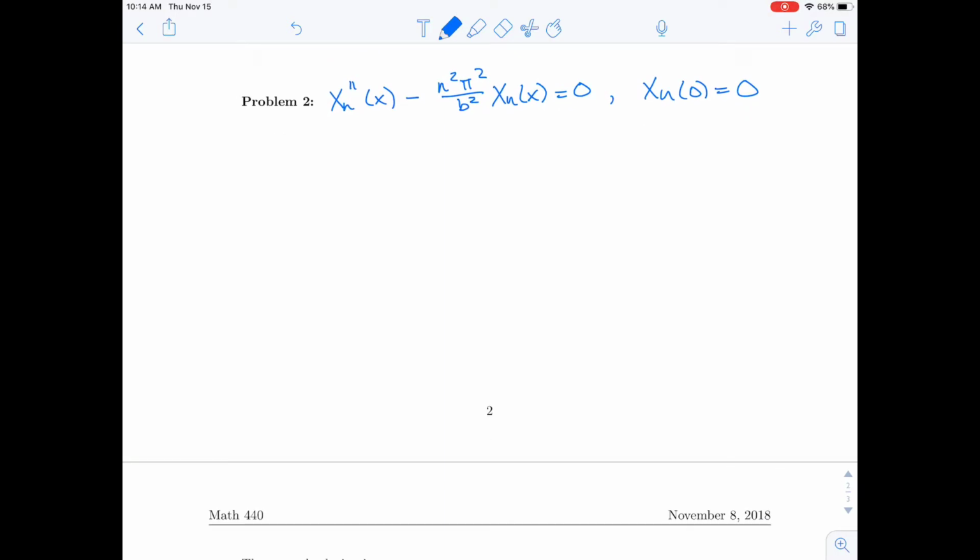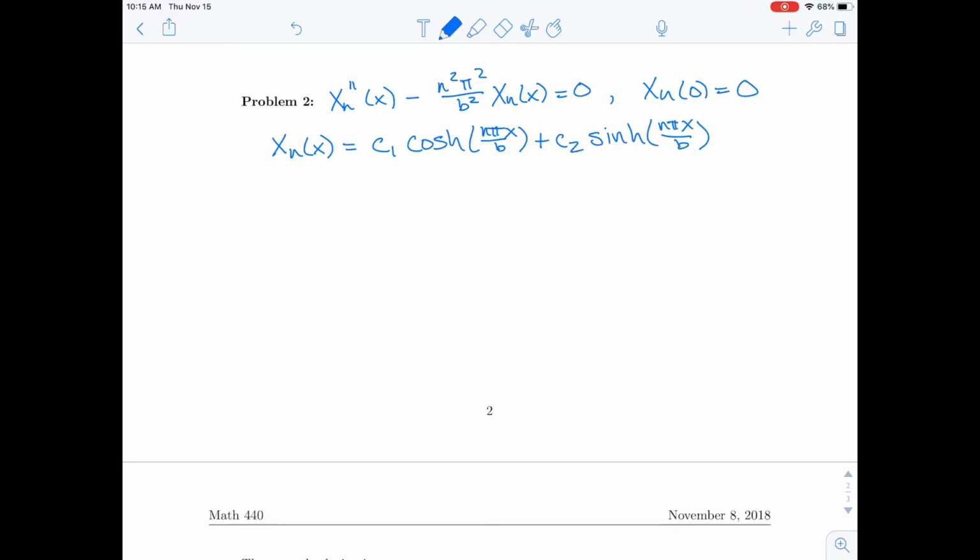Well, because of the minus sign that you see, we can guess that x sub n of x is equal to C1 cosh of n pi x over b plus C2 sinh of n pi x over b.